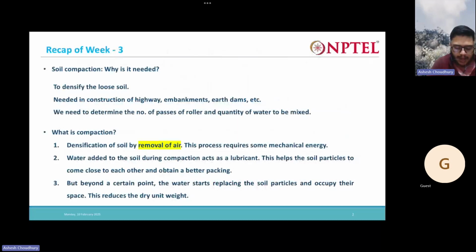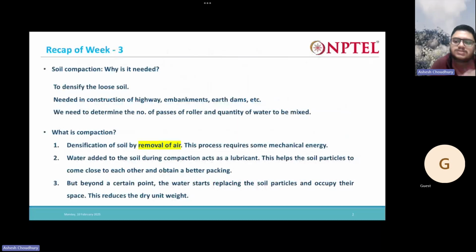Okay, now let us see what is compaction. Compaction is the densification of soil by removal of air, right? We need to remove the air, and in that process we are densifying the soil, right?